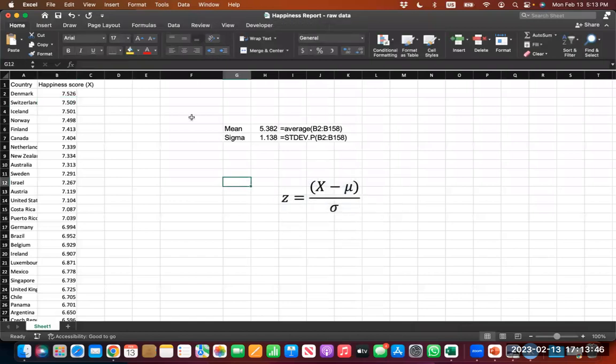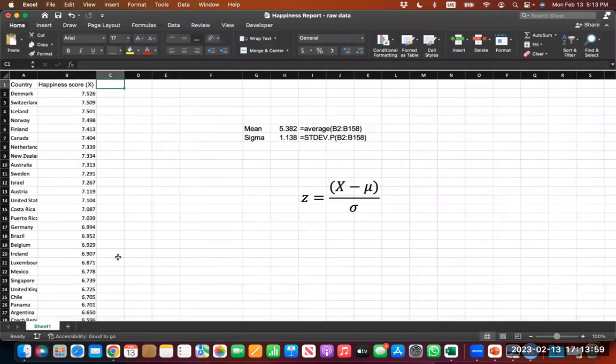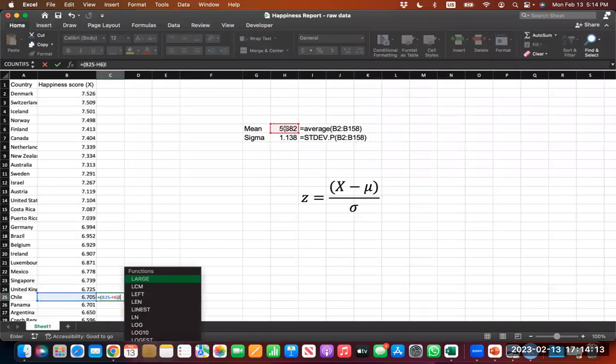Okay, so once you have this here, if I want to calculate the z-score of, let's do Chile, I go to C25 and I can label this first. I can calculate the z-score of Chile by opening the bracket. It's the actual x, which is 6.705, minus my mean, and I divide it by the sigma.